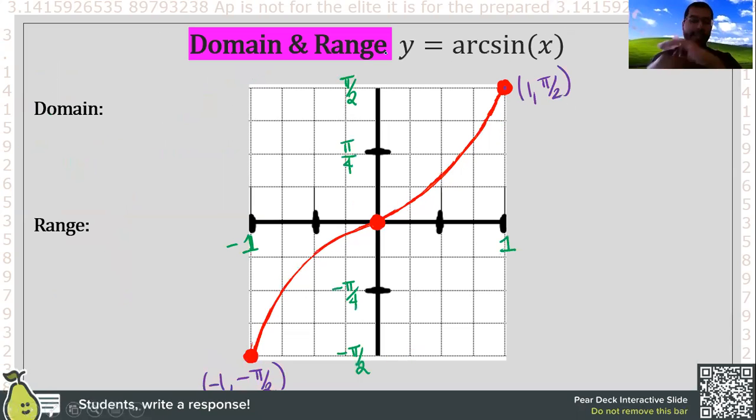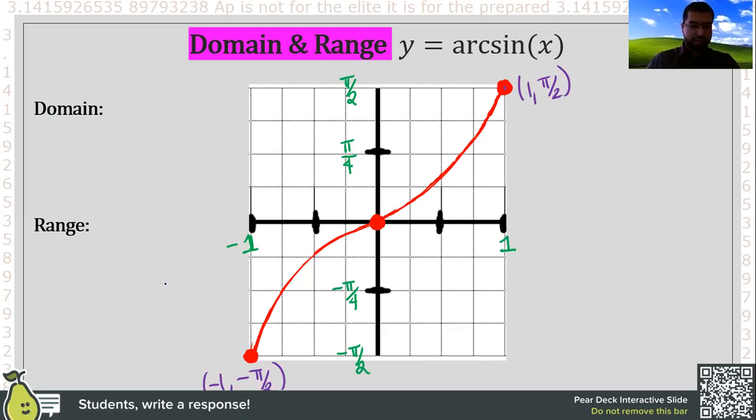Okay, so let's go ahead and find our domain and our range. So pause the video and brainstorm about what our domain and range are. Okay. So we said in Unit 1, or probably in your Algebra 1 or Algebra 2 class, that domain is all the values on the horizontal that are associated with the graph that we are given.